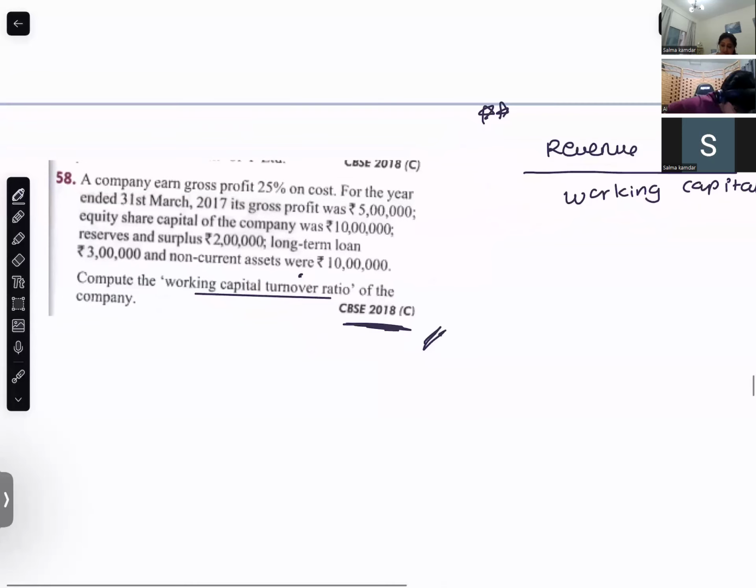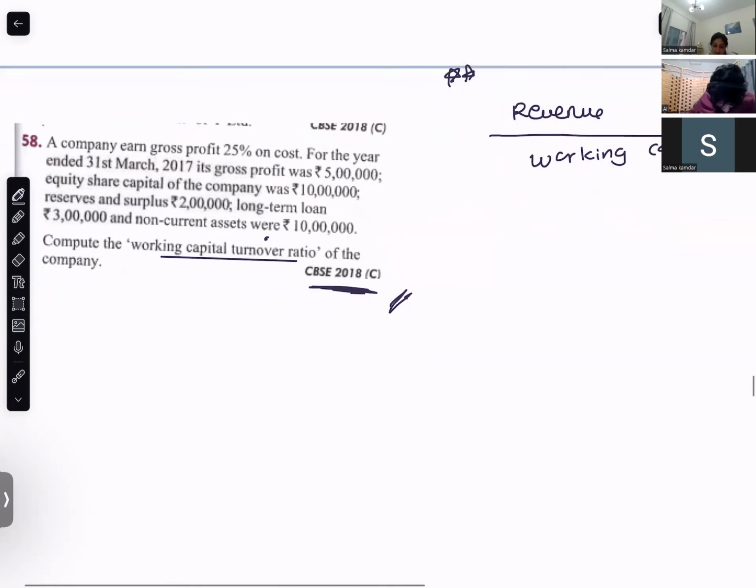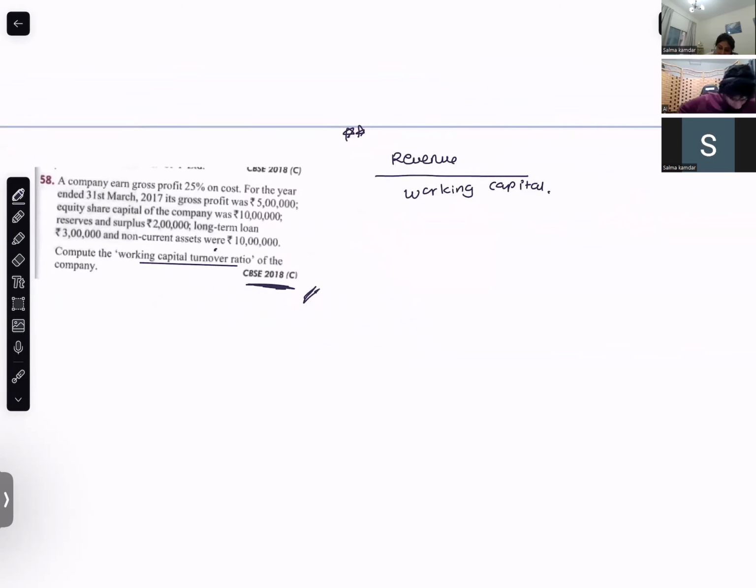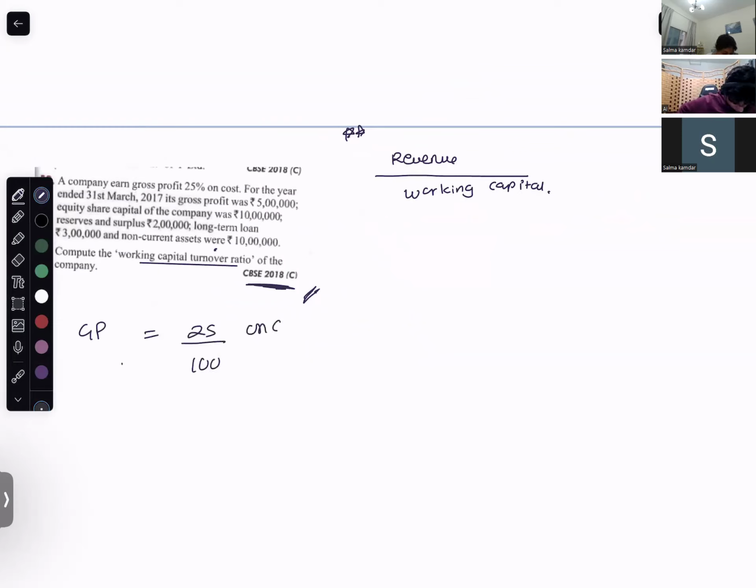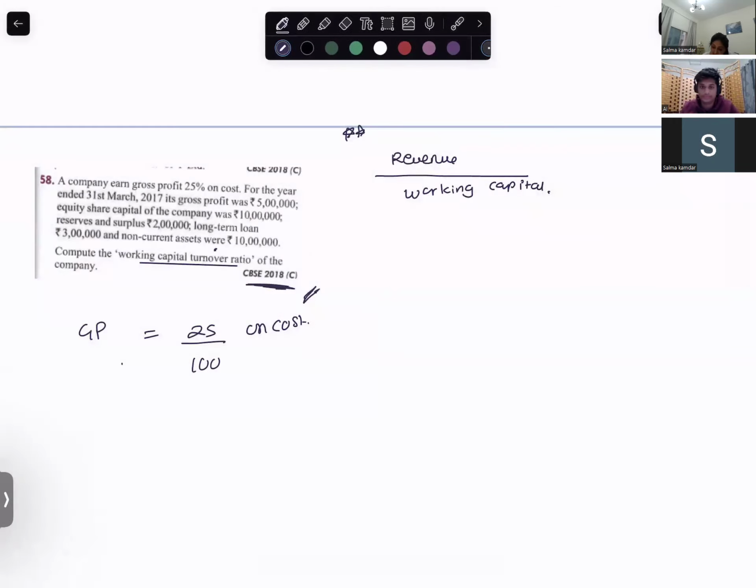So the company's gross profit is 25% on cost. Are you with me? Yes, ma'am. Okay, fine. So I will start with whatever is given to me. Gross profit is 25% on cost. That means revenue minus cost of sales gives gross profit.